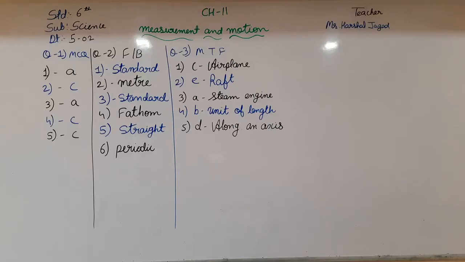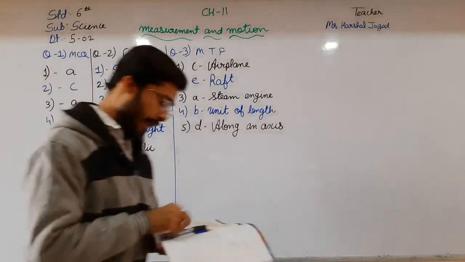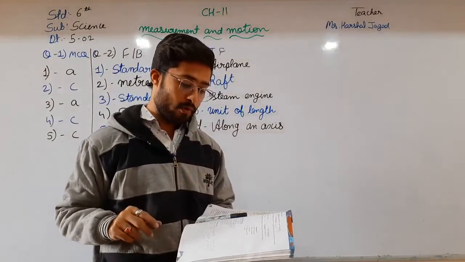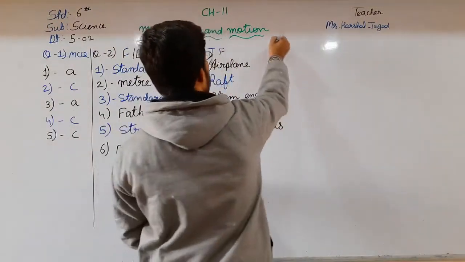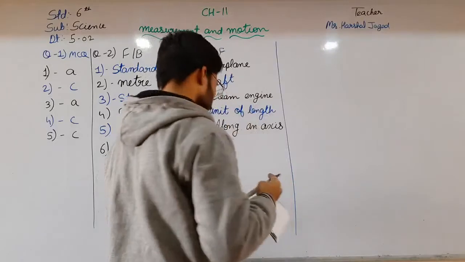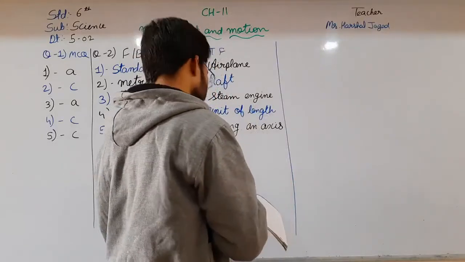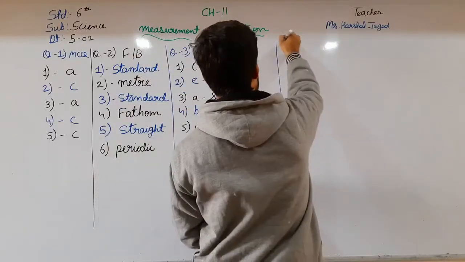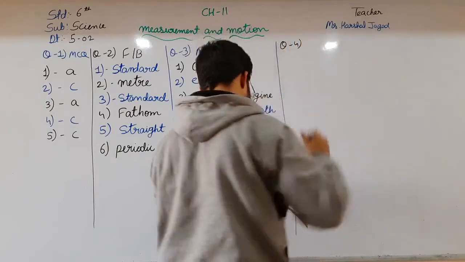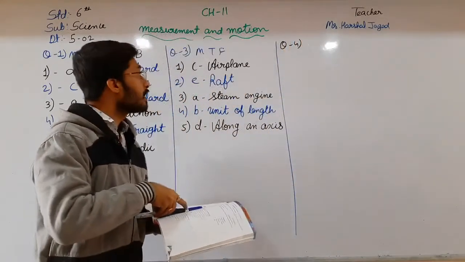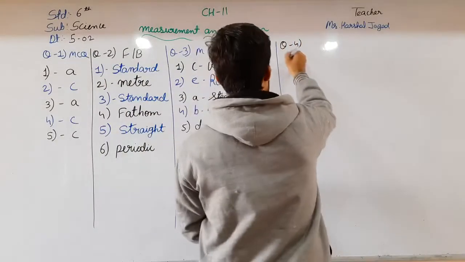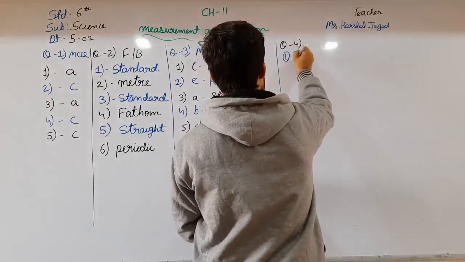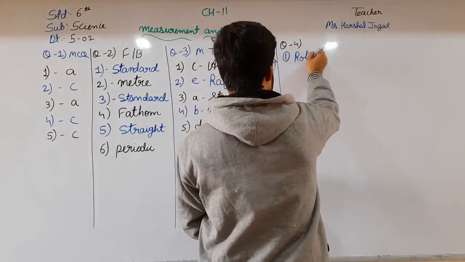Then after that, question number 4, identify types of motion in the following. In that, the first one is a spinning top, that is rotational motion.